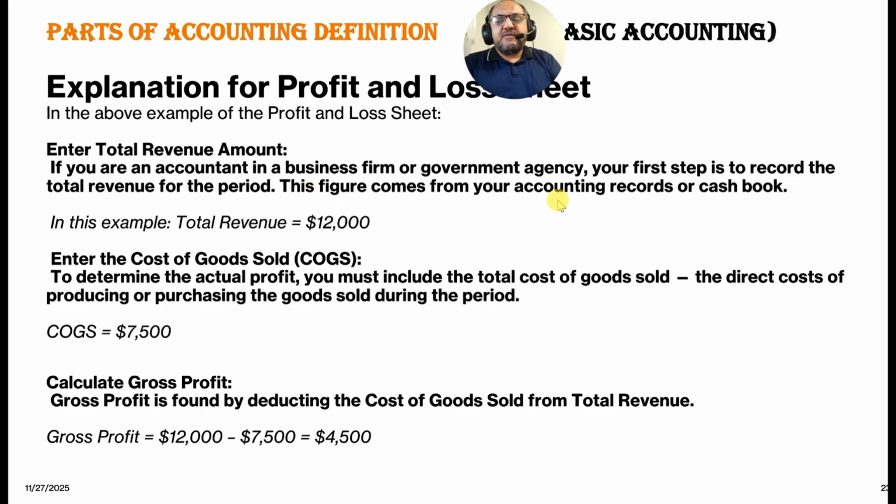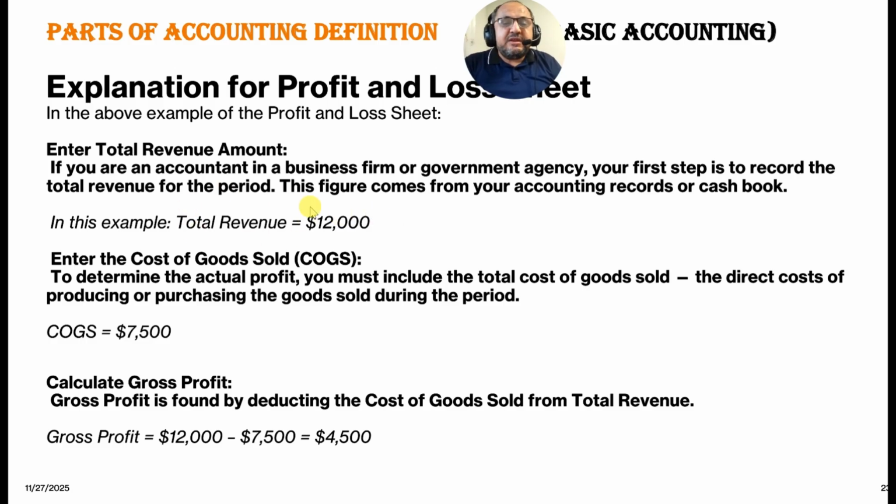This figure comes from your accounting records, the cash book, or your journal entries, and as a result of the ledger accounts and the trial balance, which show the total amounts of each account, whether it's cash, capital, sales, rental expenses, salaries expenses, utility bill, and so on.